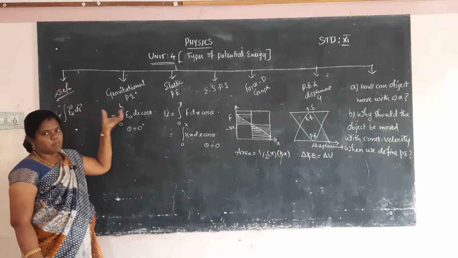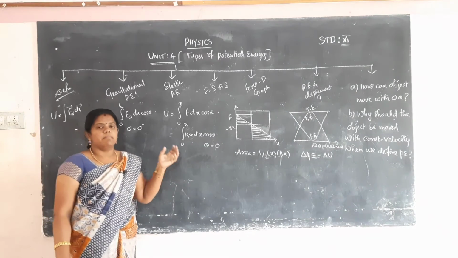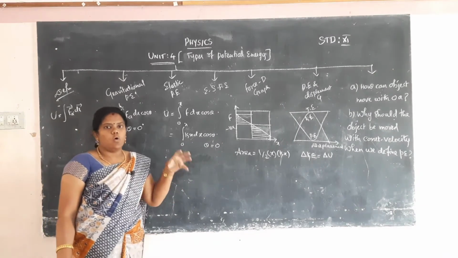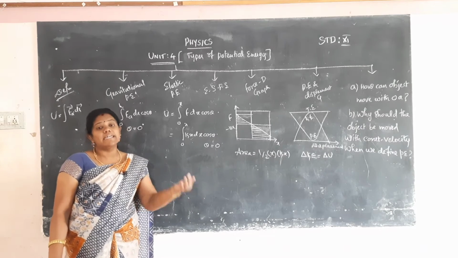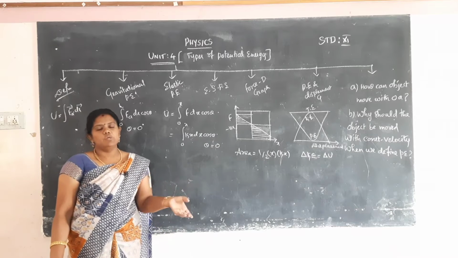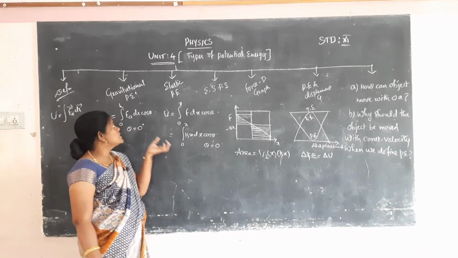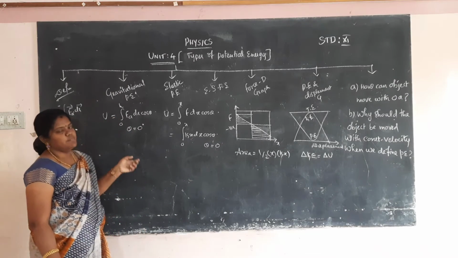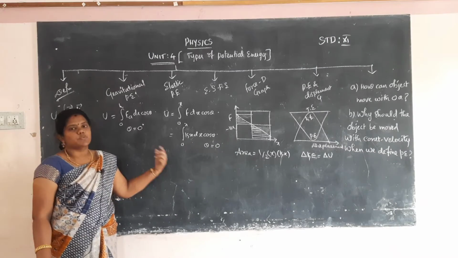Gravitational potential energy means work done by an object, where the object is moved upwards against the gravitational force. The energy developed by working against the gravitational force is called gravitational potential energy. Elastic potential energy means the energy possessed by a spring.